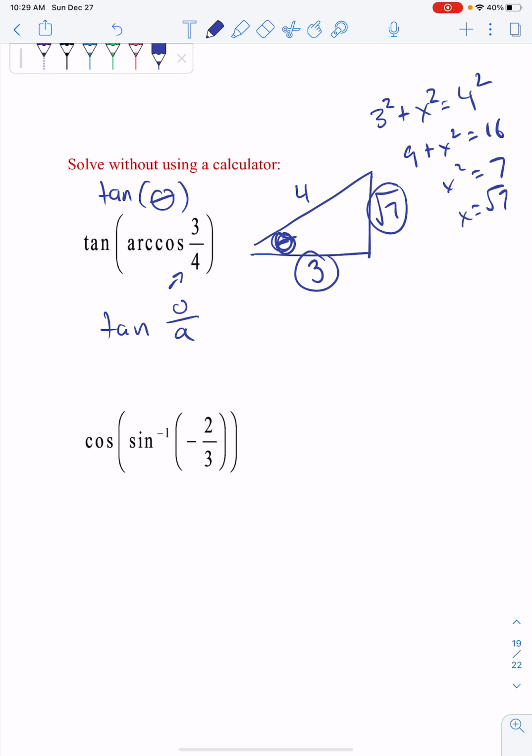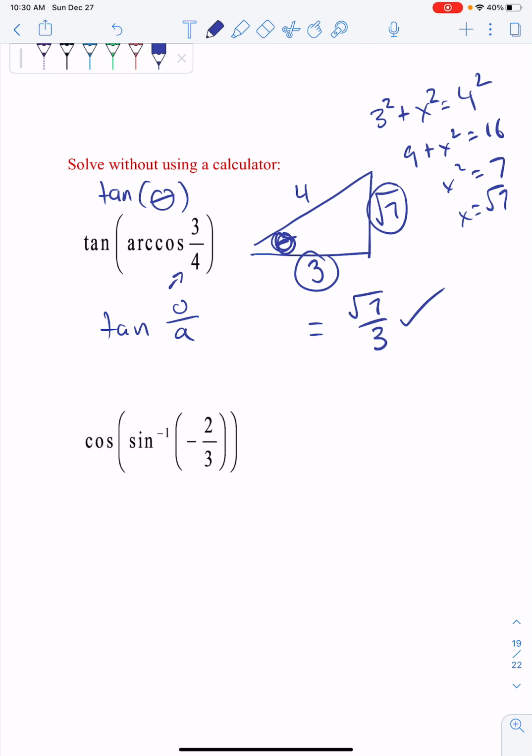The adjacent is 3. So my answer is just root 7 over 3. That becomes my final answer. So you're actually using regular trig functions and inverse trig functions at the same time. So just be careful setting up your triangle.